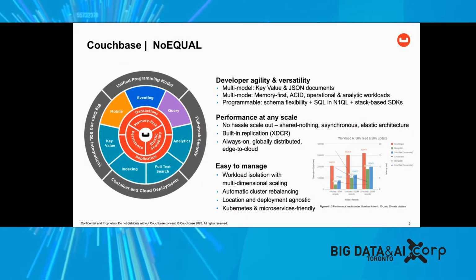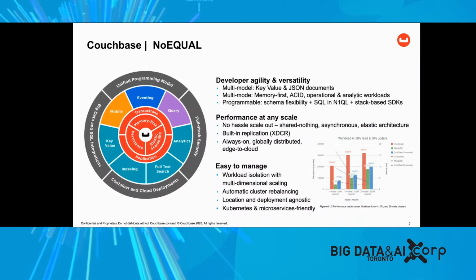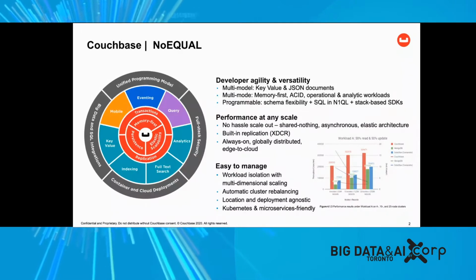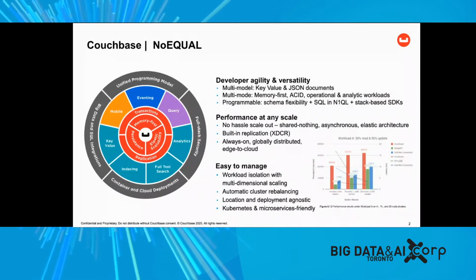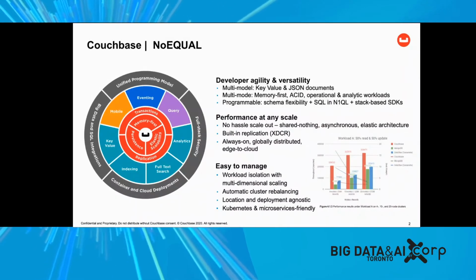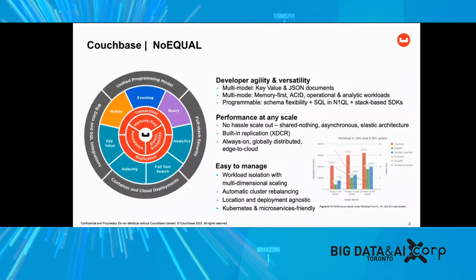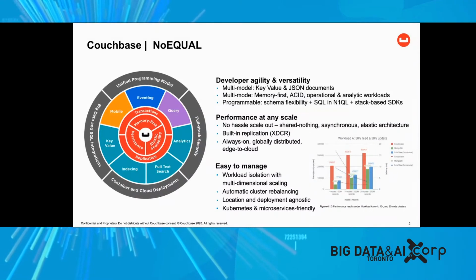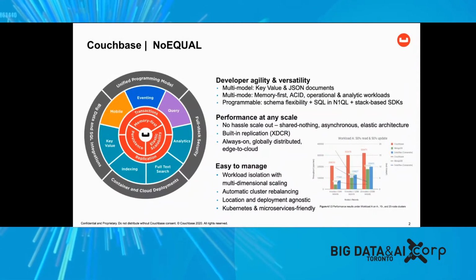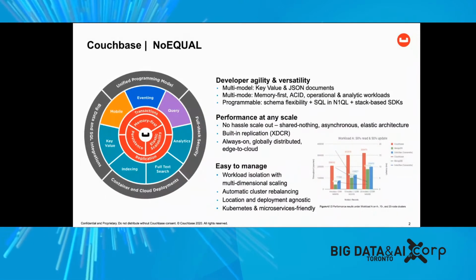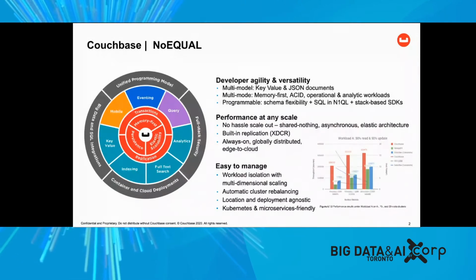We provide developers with a large variety of SDKs. If you are familiar with Java, we give you an SDK for Java, Python, PHP, .NET, Node.js, Go, and a lot more. All of them you can use in your application development. And we perform at any scale. You can scale out.